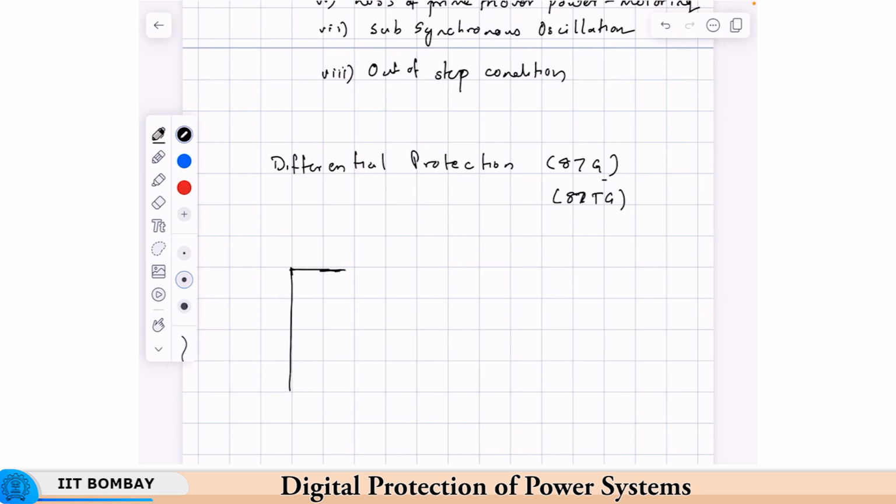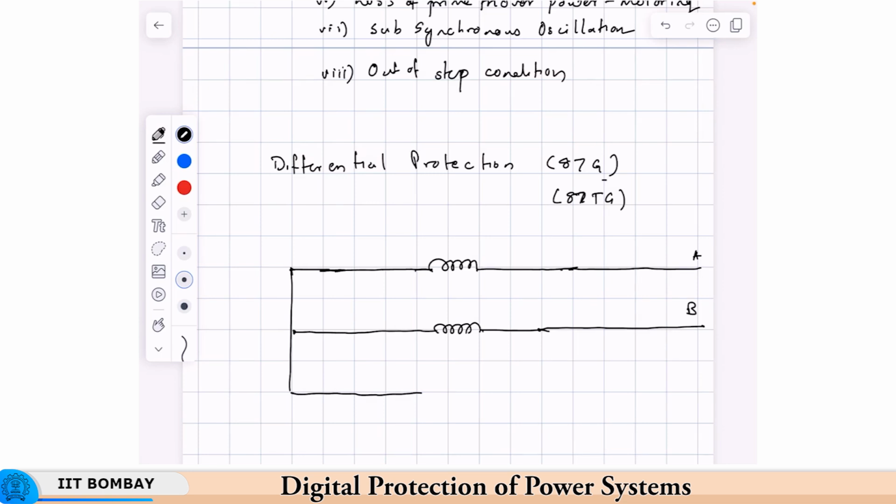Okay. So, first we will draw the generator. So, these are the three windings of the generator, may be labeled as A, B, C, or RYB as is convenient. So, they are connected in star.